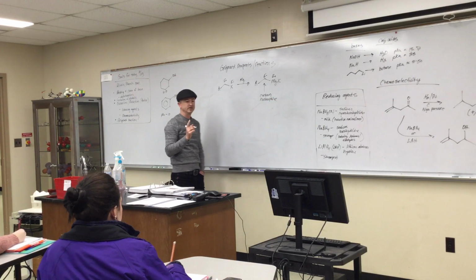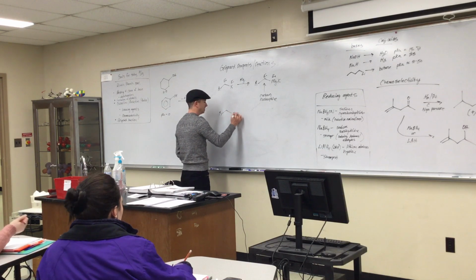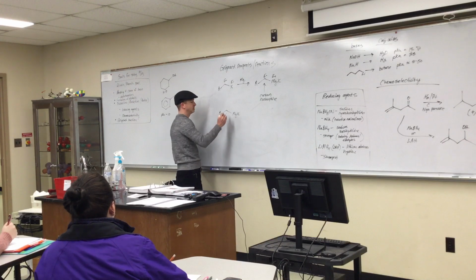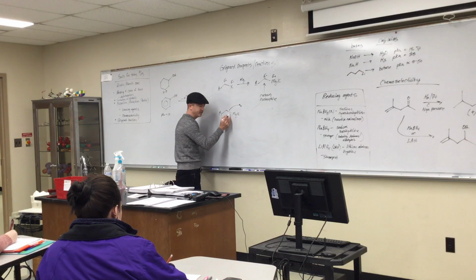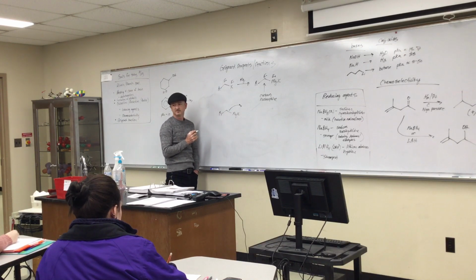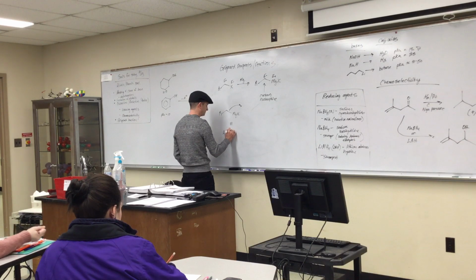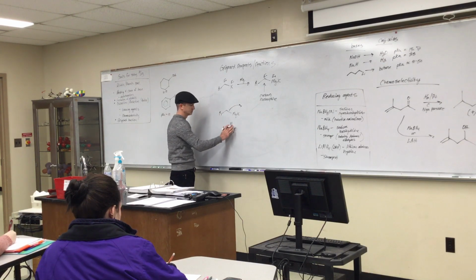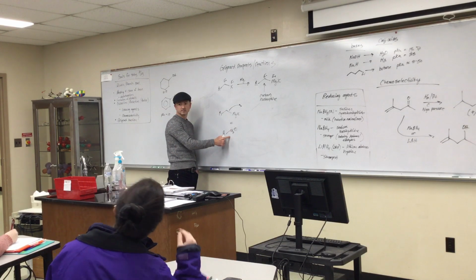When you react a Grignard reagent via mechanism, you are going to take the arrow from this bond here as if this is not even there. So this is synonymous with this.